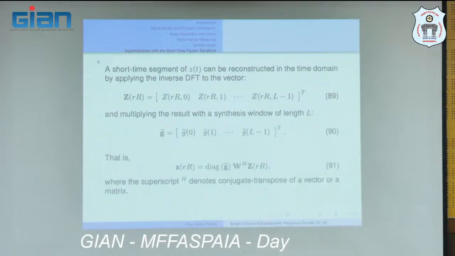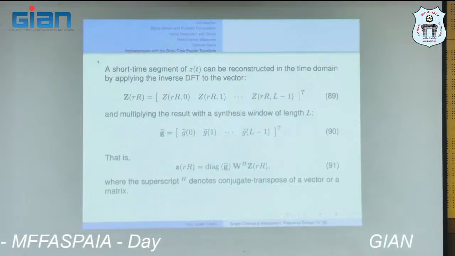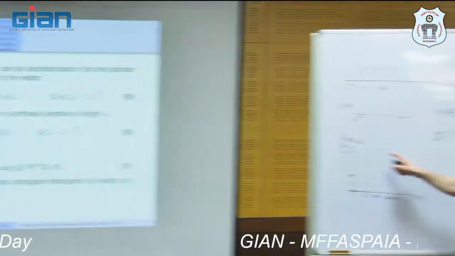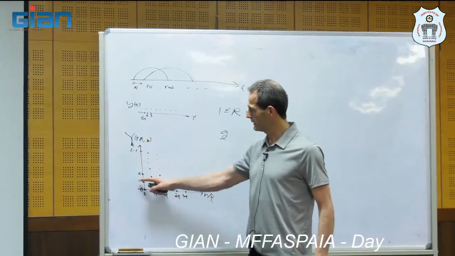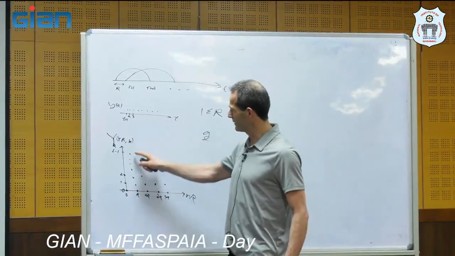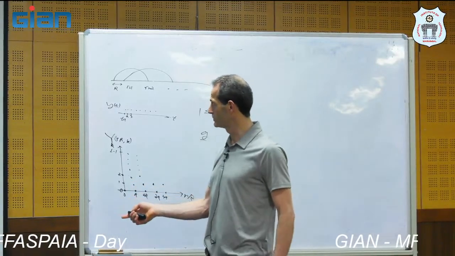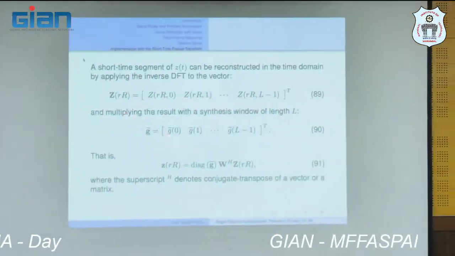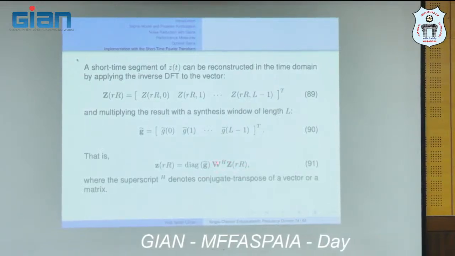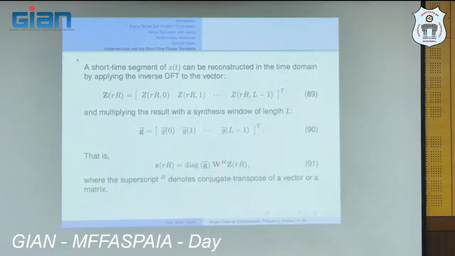How do we do the inverse Fourier transform? Okay, it looks like this. Suppose that we have this matrix in the time frequency domain for the enhanced signal, Z. We take each vector here and apply the inverse Fourier transform to this vector, which is like multiplication with W conjugate transpose.